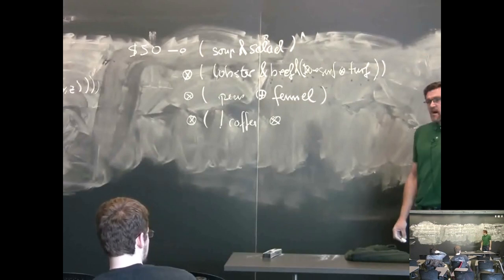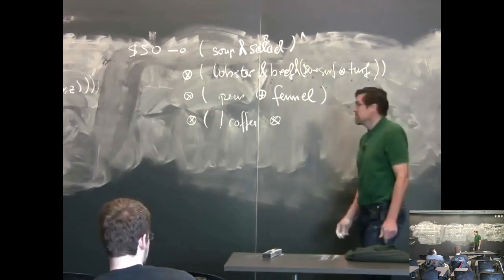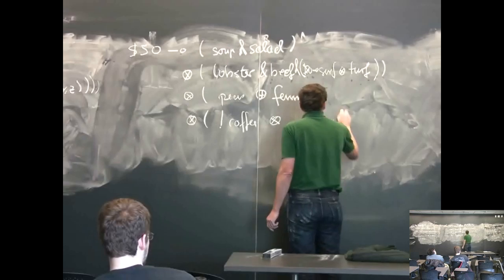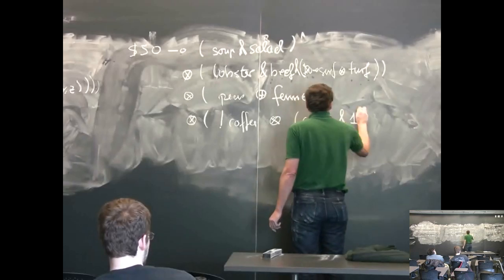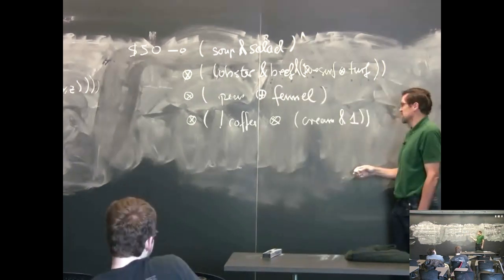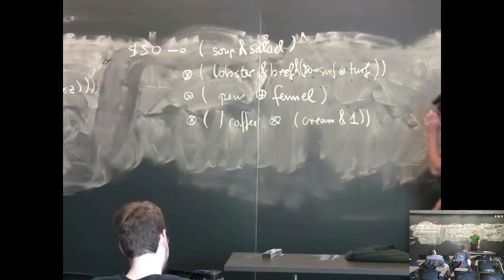Cream is optional. Cream with 1. Okay, so this says even if I don't get any coffee, I could still decide to get cream. Okay, not unreasonable. But I can get as much coffee as I want, including none at all. Okay.